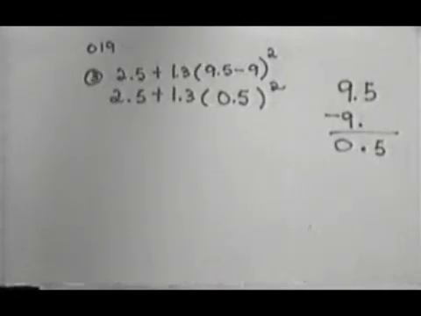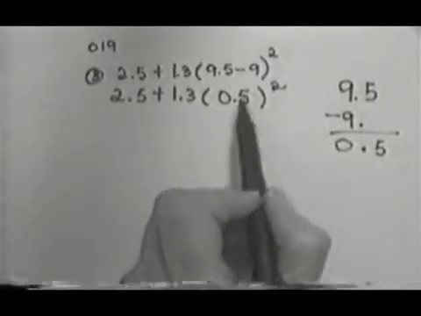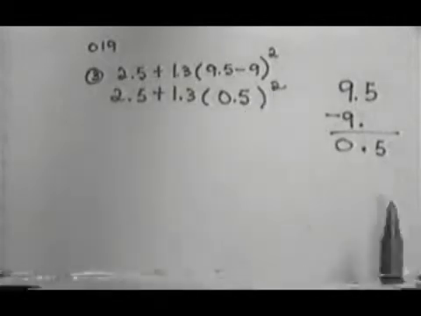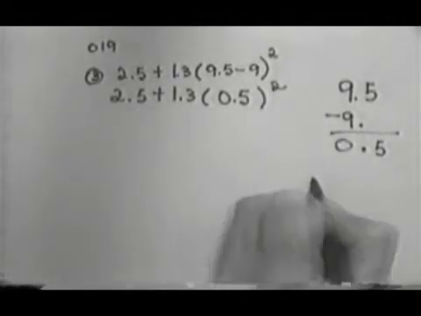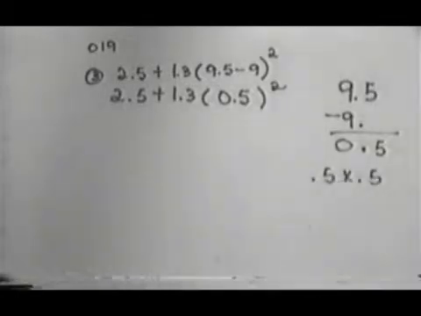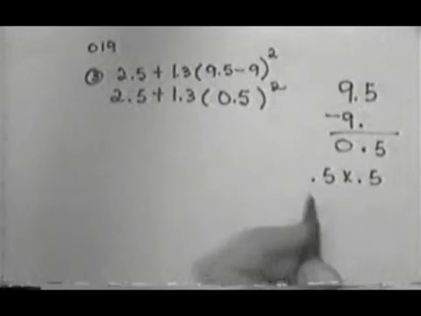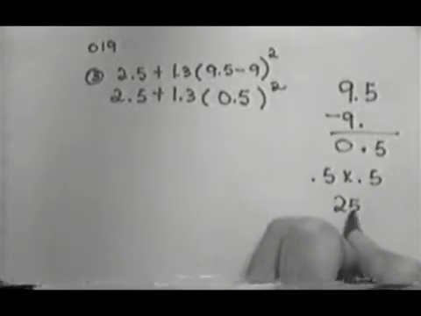Your second rule for order is to do exponents. So we need to do our 5/10 raised to the second power. 5/10 to the second power means that 5/10 is going to be multiplied by itself. We multiply 5 times 5, we get 25.